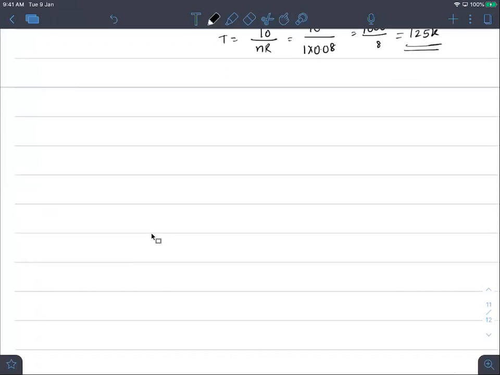Suppose you have 2 moles of an ideal gas, and a V versus T graph is given, where T is in degree centigrade. Find the pressure of the gas in ATM.